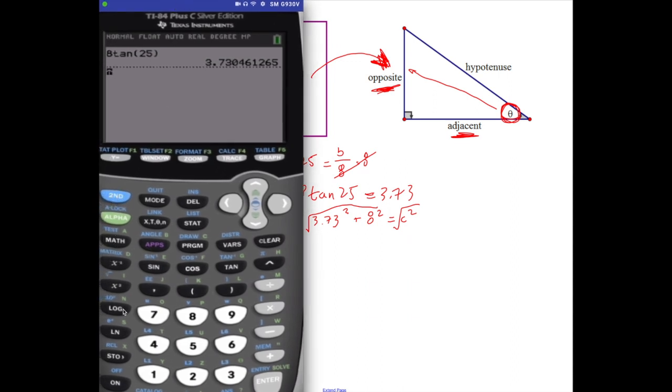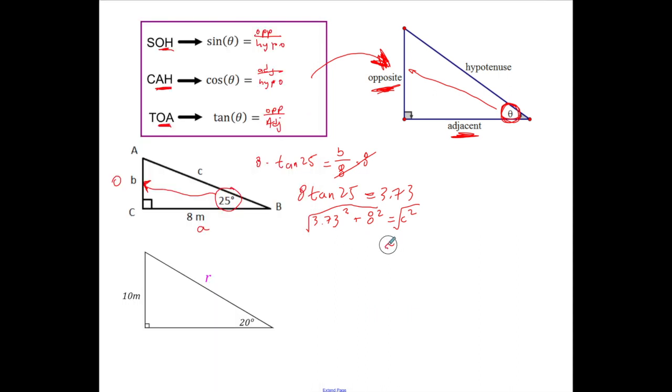So second radical of 3.73 squared plus 8 squared. Let's see what we get. We get 8.826, point nasty. So I'll just do 3 sig figs. So C is around 8.83.